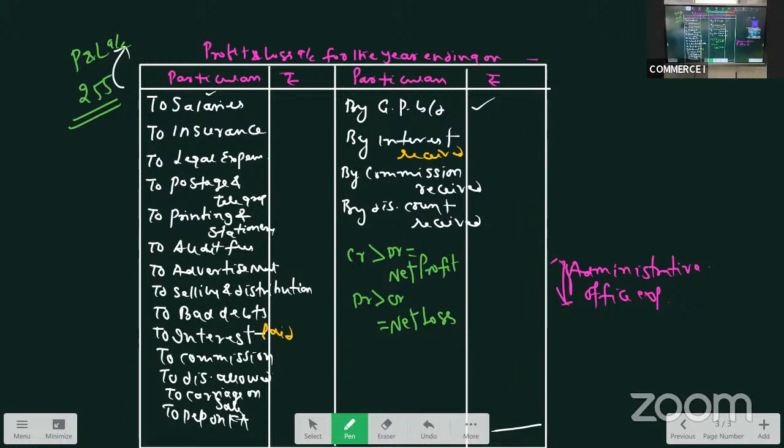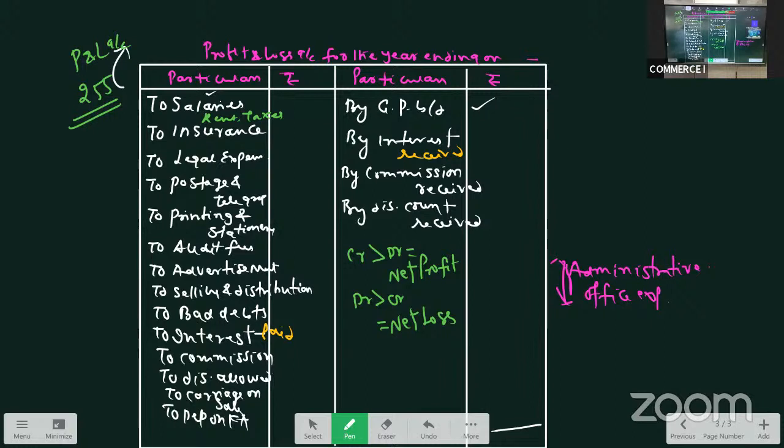Now, just go through these items all. You will get many more. You will get rent also. You will get some taxes paid. There are many items. I'll read out once the items given in the page number 255 format.